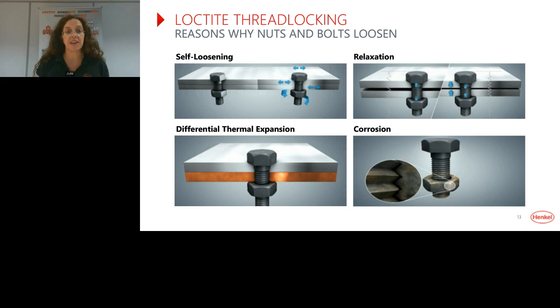Down in the bottom left-hand corner, we've got differential thermal expansion. If you've got more than one type of material present in an assembly, it'll expand and contract at different rates due to the heat and the cold, and those micro movements will lead to loosening. And then we've got corrosion. Some assemblies will corrode stuck so that you can't undo them, but it's also possible that they can corrode loose.